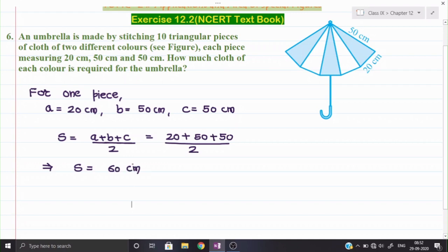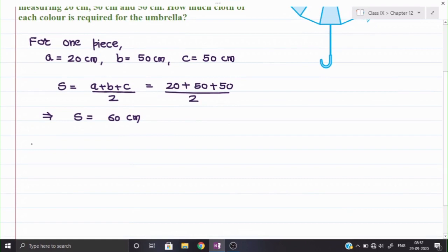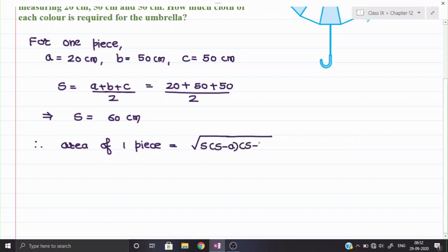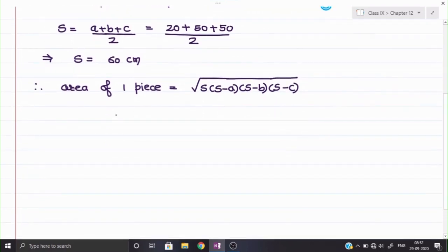Let us find out the area of one piece. So we can say that therefore the area of one piece is equal to, we shall write down the formula first, root of S into S minus A into S minus B into S minus C. Okay, now here we shall keep the values. So the value of S we have here is 60.